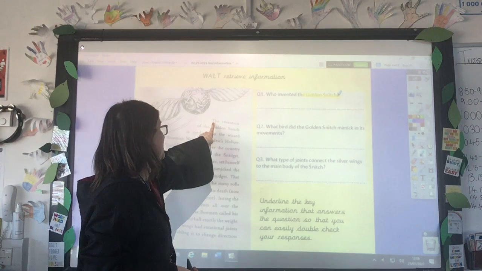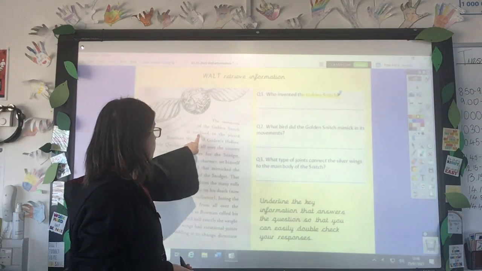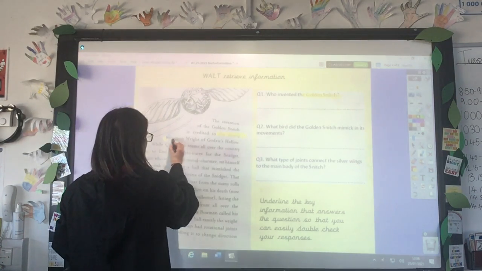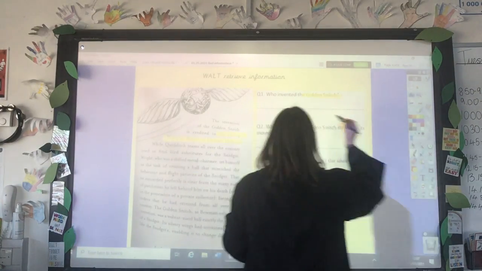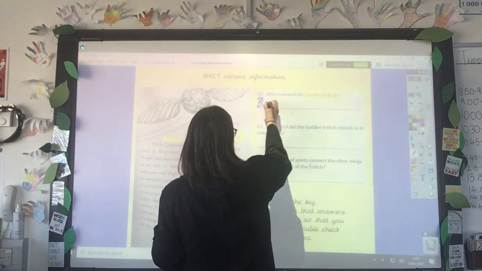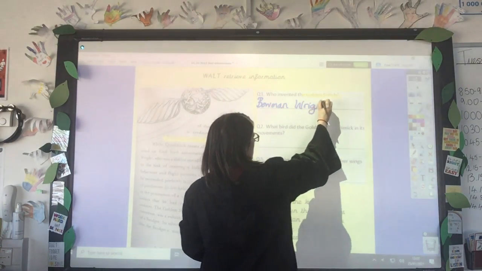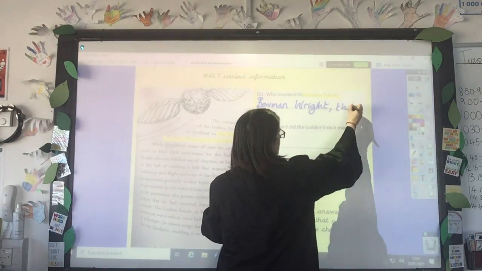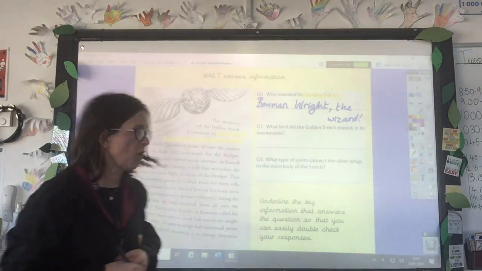So the first sentence says, the invention of the golden snitch is credited to, oh look, the wizard Bowman Wright of Godric's Hollow. So I'm just going to write down Bowman Wright, because that's obviously his name. I'm guessing Godric's Hollow is where he lives. I could put the wizard, but I don't know if that's necessary to get the question right.